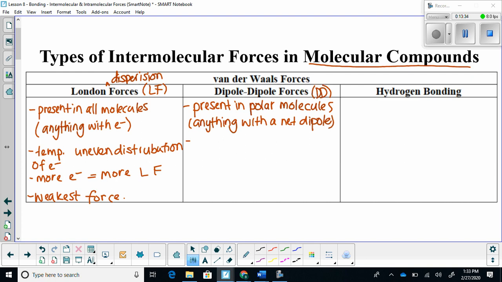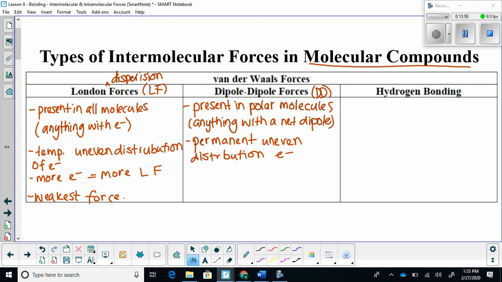Okay. So in dipole-dipole forces, there is a permanent uneven distribution of electrons. If I can spell this word right today, it'd be great. Distribution of electrons.